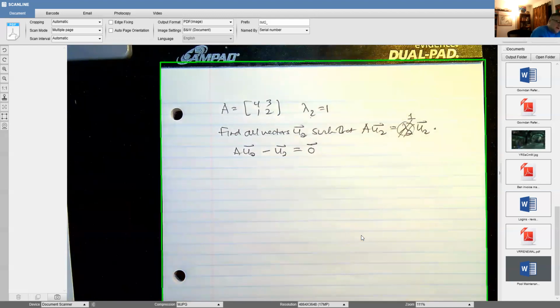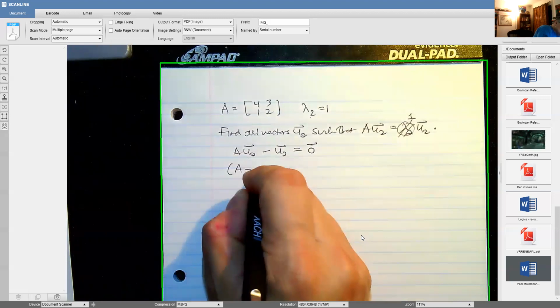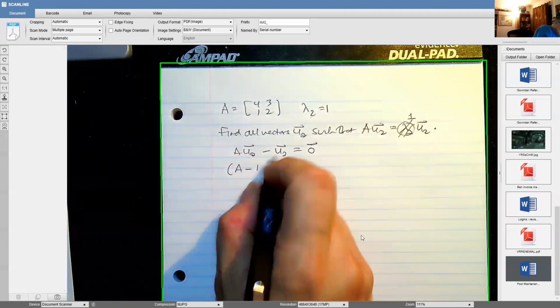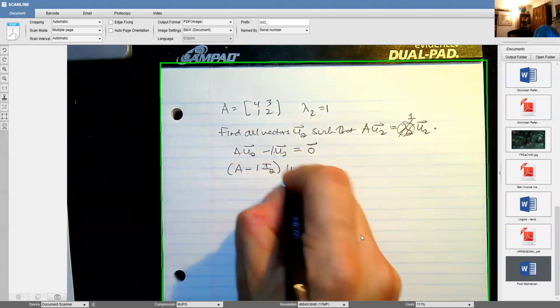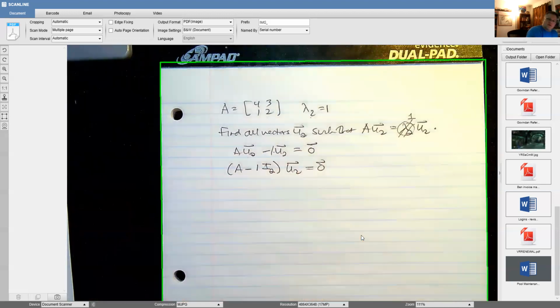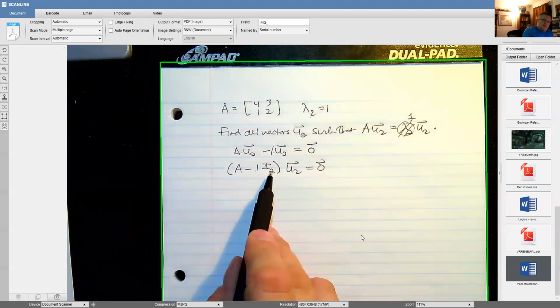Okay. And I'm going to yank the U2 out of both, but in so doing, remember what I have to do. I multiply the eigenvalue that's there times the appropriate identity matrix. Right, so again, A minus 1 doesn't make sense. A minus 1 times I2 makes sense. That is a matrix.